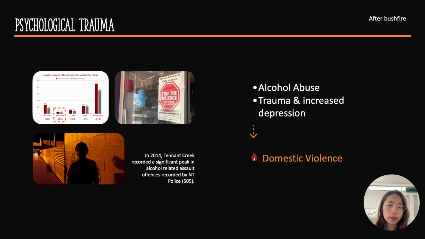Following a bushfire, the psychological trauma and increased depression often contribute to domestic violence. These situations are heavily concentrated in the Aboriginal population of the town, since they have high rates of alcohol abuse. Crisis accommodation has not been able to meet the demand, such as the Tana Creek Women's Refuge.